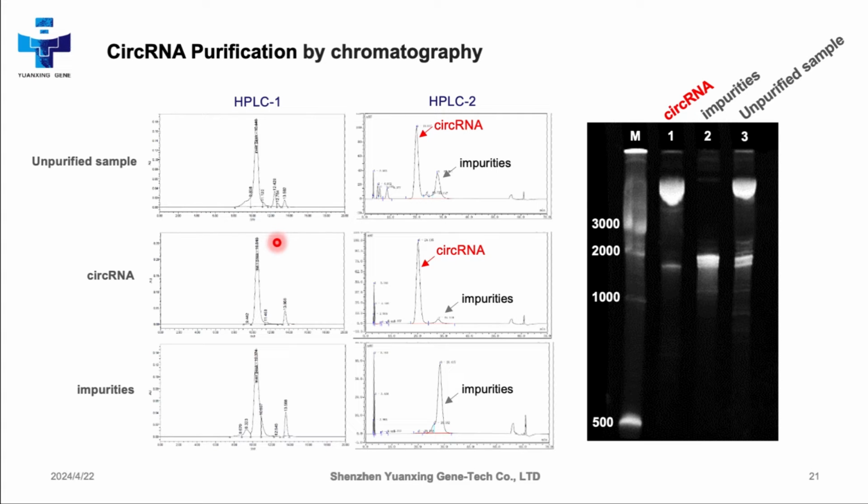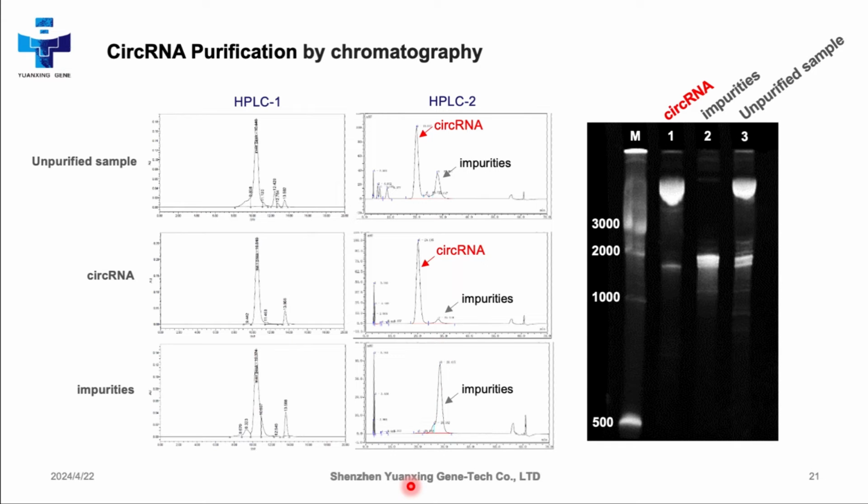This is the purity result of the sample collected after the chromatography. We also use two HPLC methods to check the purity of the circRNA. We can see in the HPLC-2 method, the front peak is the circRNA and the back peak is the impurities.